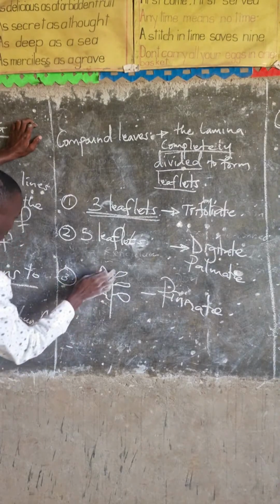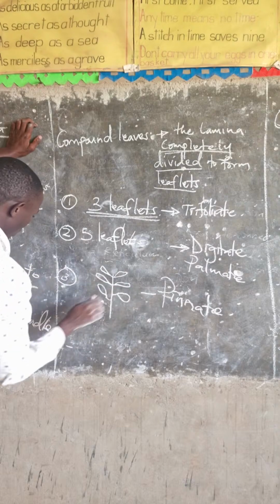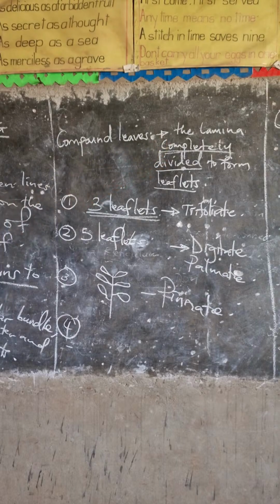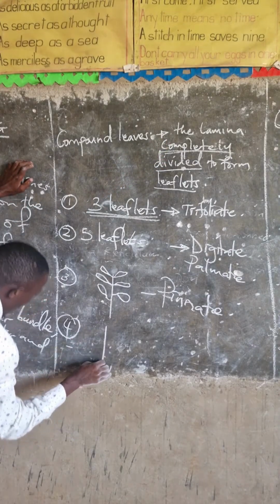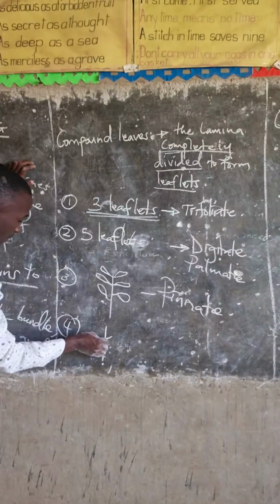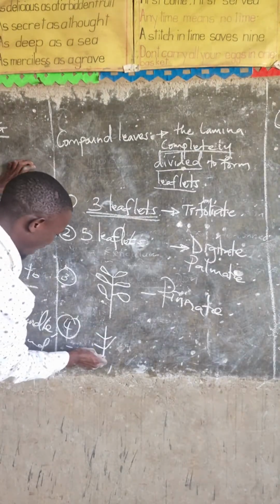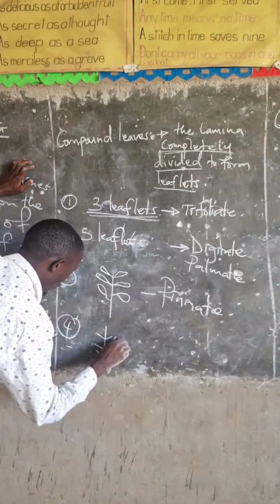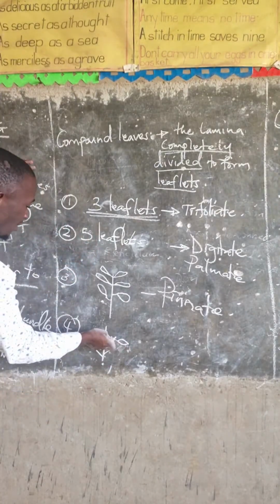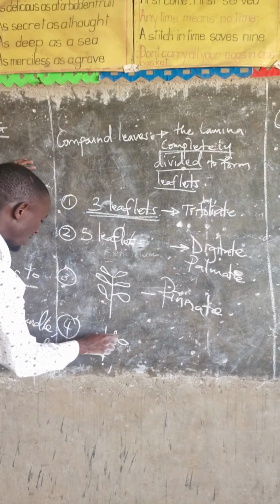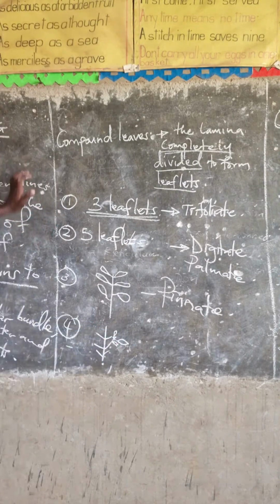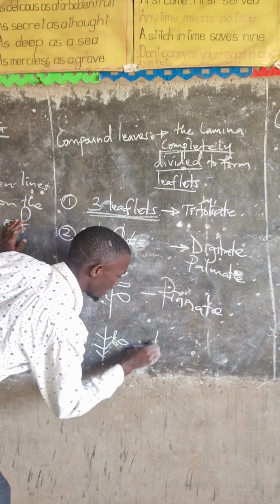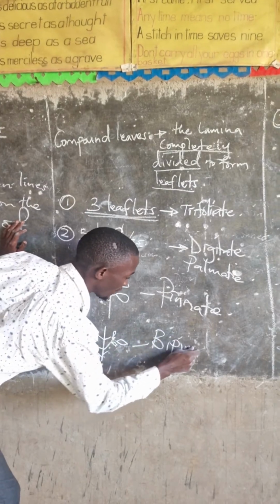Now, something about the bipinnate: the lamina divides, forming leaflets that are either opposite or alternating, but the leaflets also divide further to form other leaf-like structures we call pinnules, still arranged on the midrib of the leaflets. This kind of leaf is known as a compound bipinnate leaf.